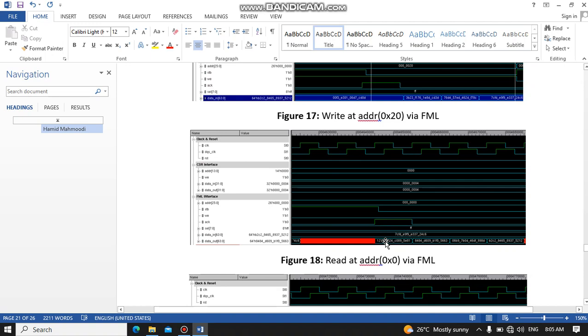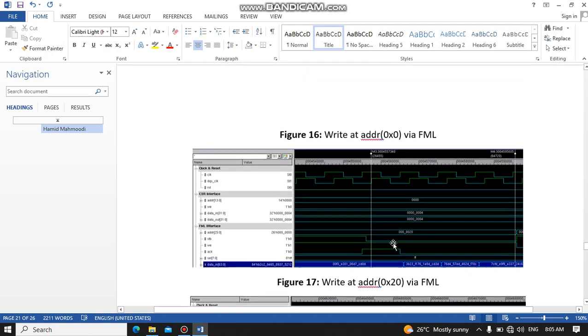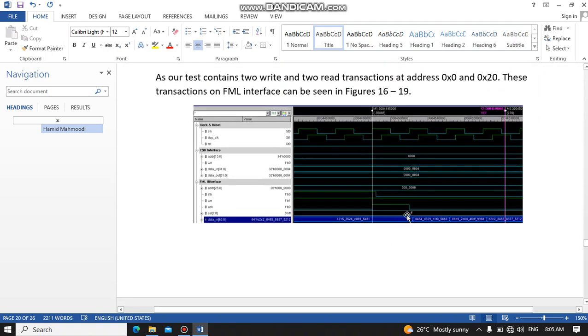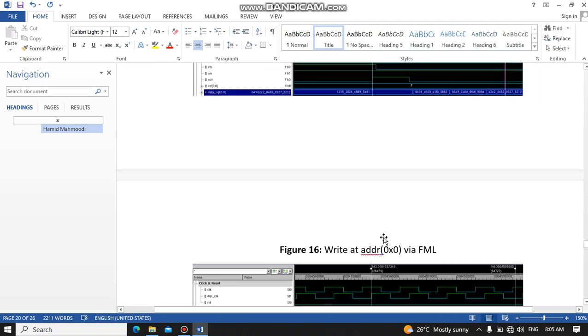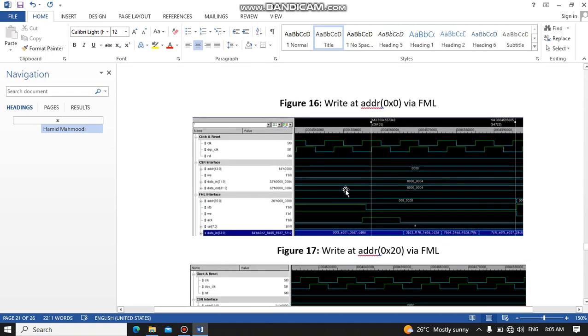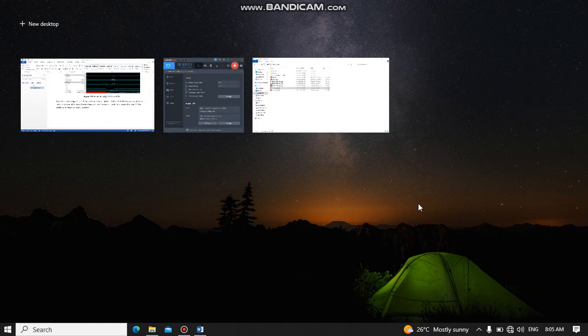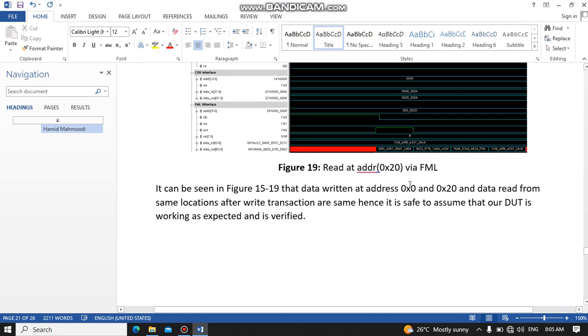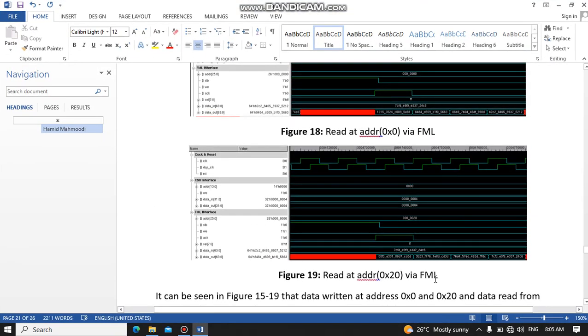So you can see that we are getting the same 4 double words, 1, 2, 3, 4, same as what we wrote there. You can compare them. And similarly here we are writing to address 20 and reading from address 20. Here also we are getting the same data upon read and write, so we can say that our design is working properly.